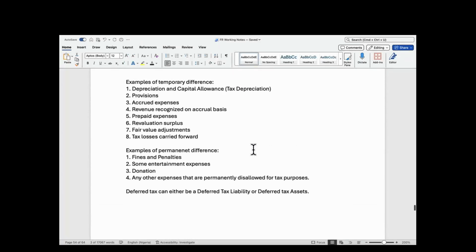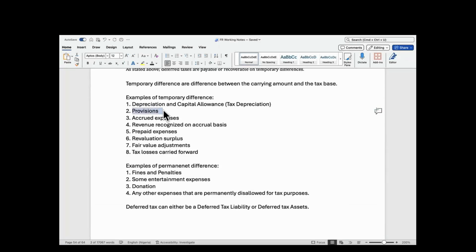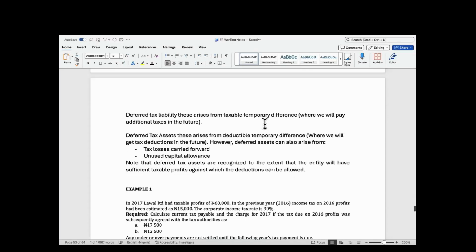For example, provisions, where you recognize the provision and the taxman says, no, I am not going to allow it as a deduction now, but it is in your own books anyway. But the taxman will allow it in the future. So in the future, you will get a deduction. We call that a deductible temporary difference. The tax on that is called deferred tax assets.